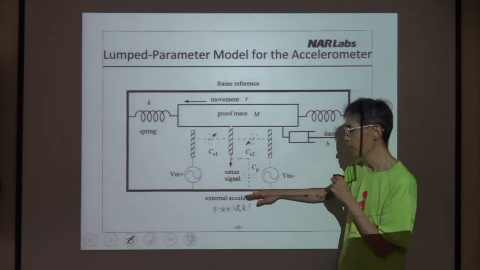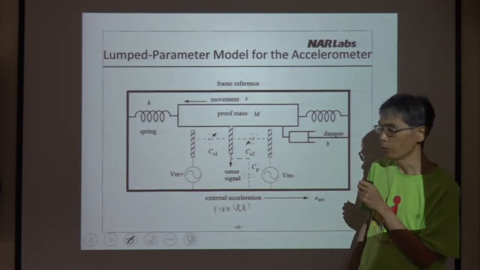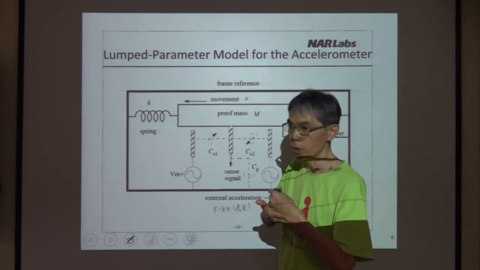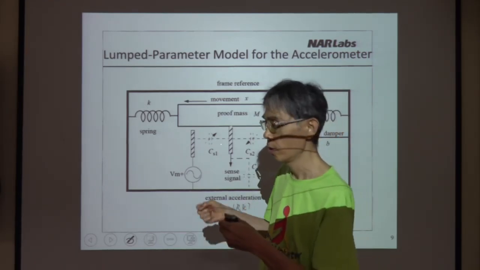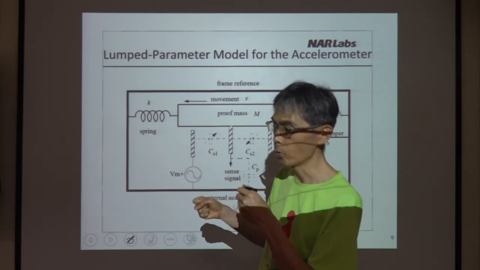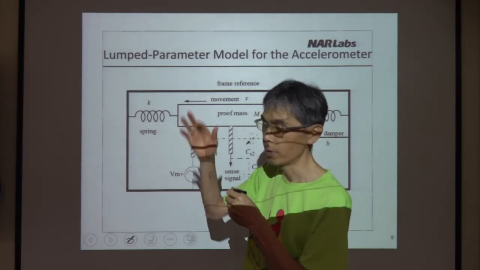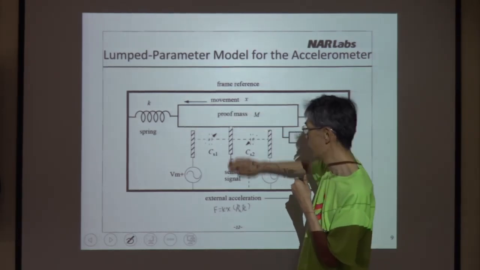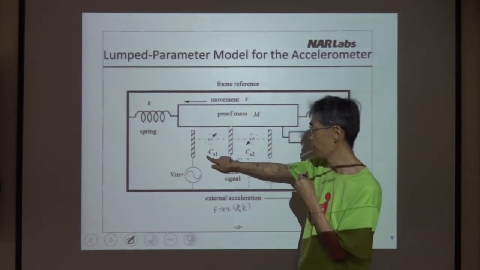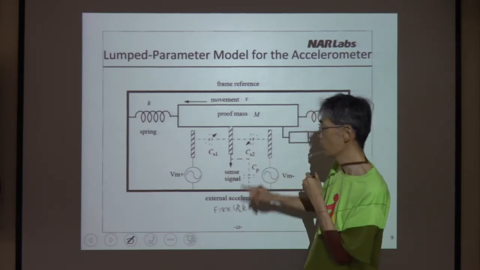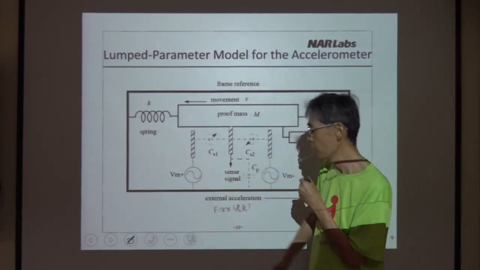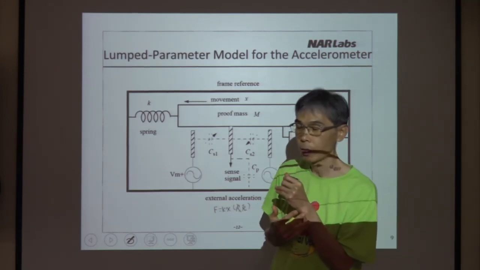Now you hold this box, your sensor. You sit in a car. If the car starts to speed up, then this mass will move, and you can change the value of CS1 and CS2. By using this circuit, you can get a voltage output.